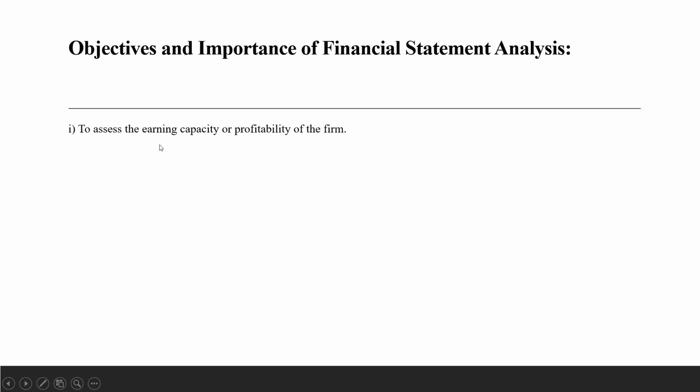The next point is to assess the operational efficiency and managerial effectiveness. Now, what is operational efficiency?